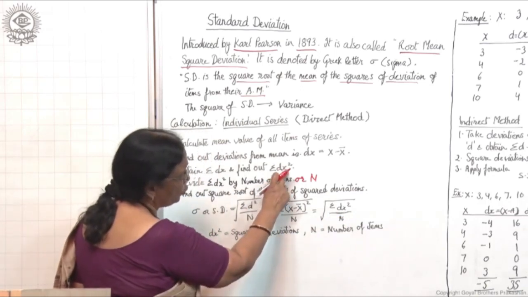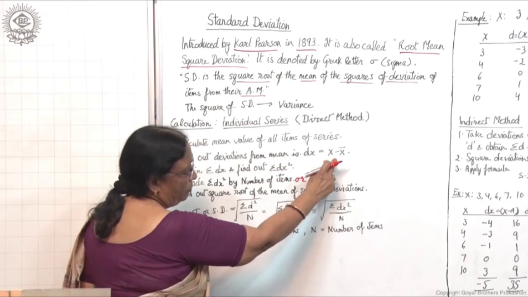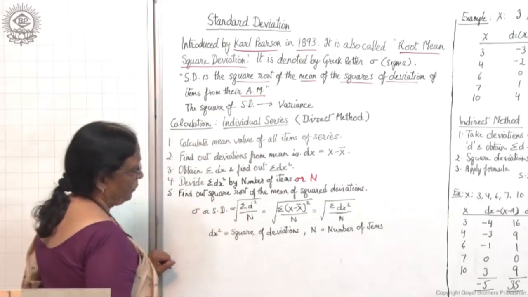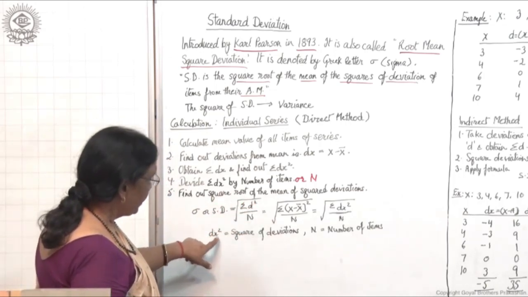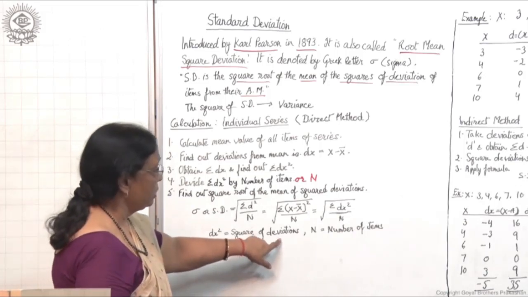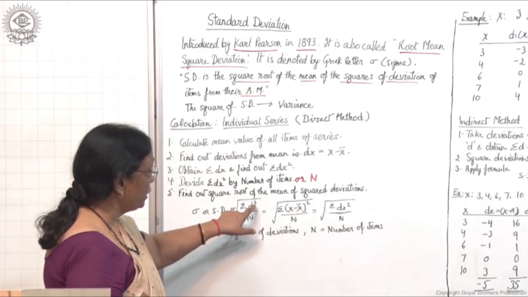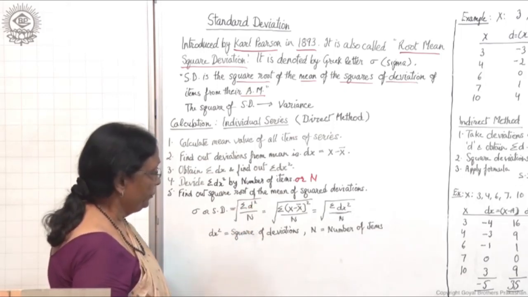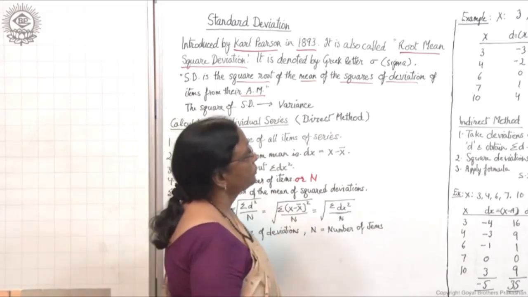So this is the formula, any of these. dx square is the square of deviations. What deviations you have taken out, the square of these deviations is known as dx square or d square, and n is the number of items.